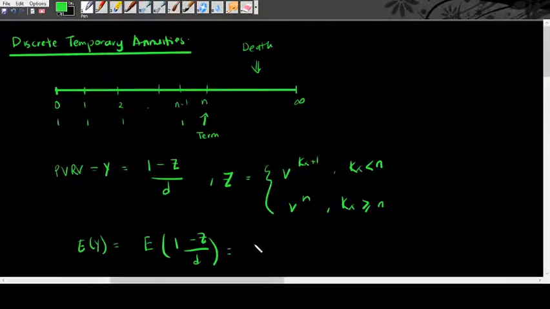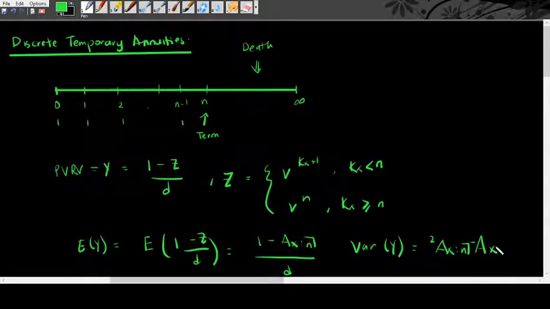Let's rewrite it again to make it clearer. The expected value of 1 is 1, and the expected value of Z is the endowment here, so you are going to get (1 minus A_x:n) over d. And for the variance of Y, you are going to get (2A_x:n minus (A_x:n) squared) over d squared.